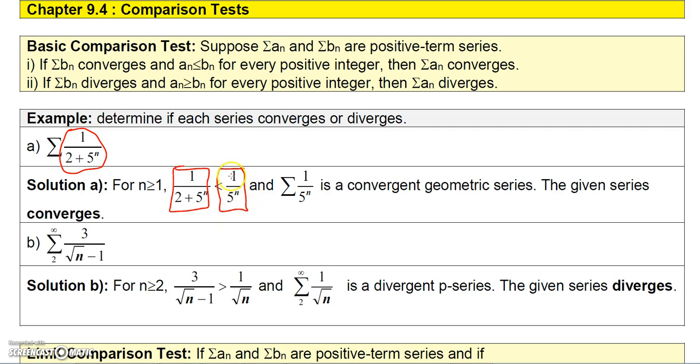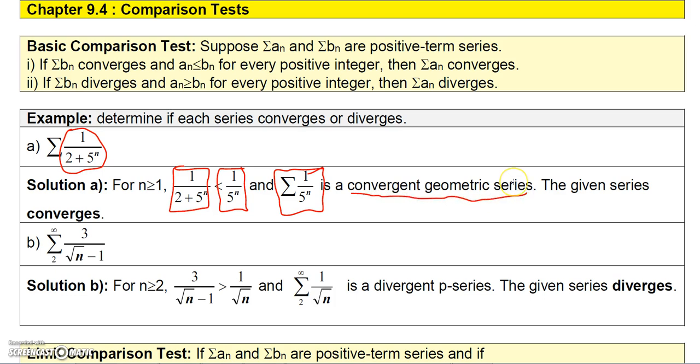Now, if I know that this term is less than this term, then it doesn't do me any good unless I can show that the series from this term is actually a convergent series. But actually, it is a convergent series because here r is 1/5. So this is actually a convergent geometric series.